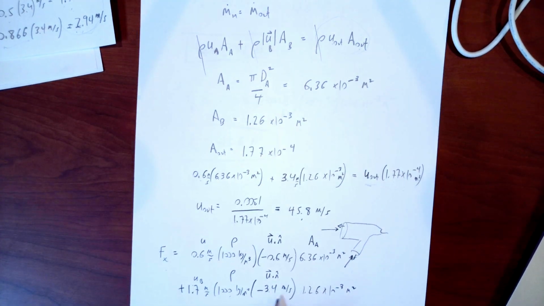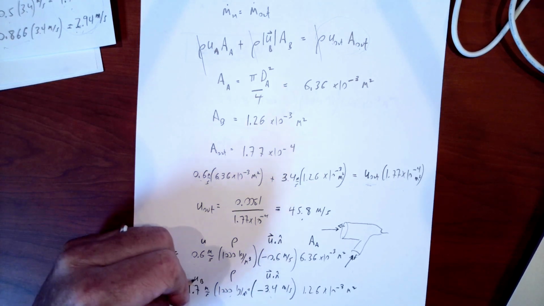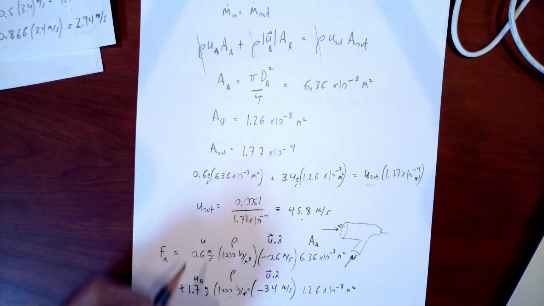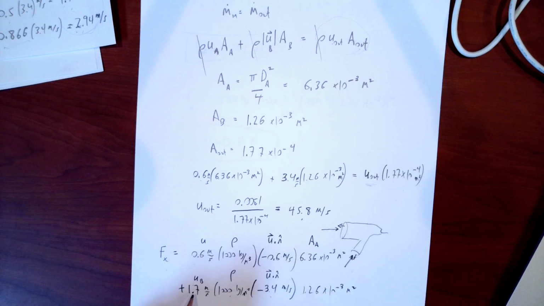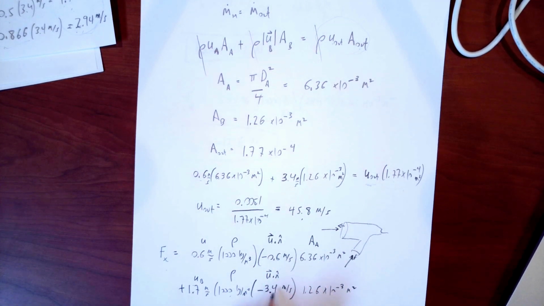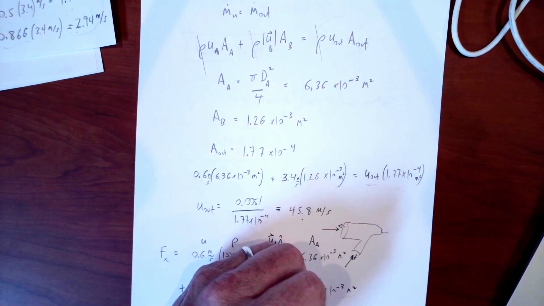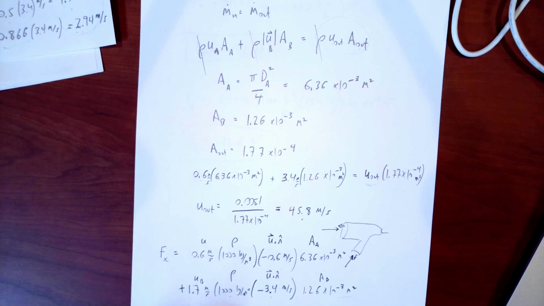So that gives me a negative 3.4 here, but only a 1.7 here, because, sorry, this is u, the x velocity at the surface, and it's not 3.4, it's a lot less. It's only 1.7 for u, but this is the amount of fluid entering through that surface, and that is negative 3.4 meters per second. So that's going there, and then that's times the area of B, which is right here.